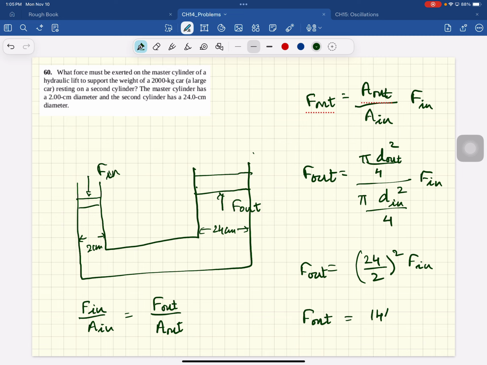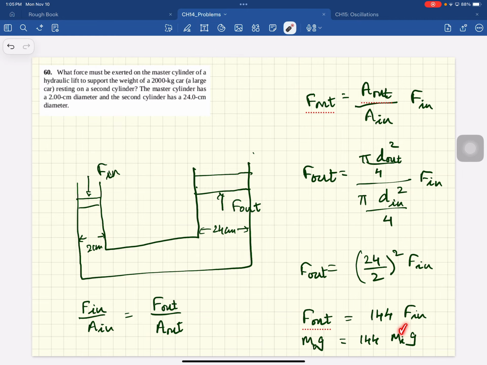So the output force is 144 times the input force. You're given the output force, you're lifting a 2,000 kg car. So that's the output, 144 times the input force, so that is the weight you're applying on the input side.